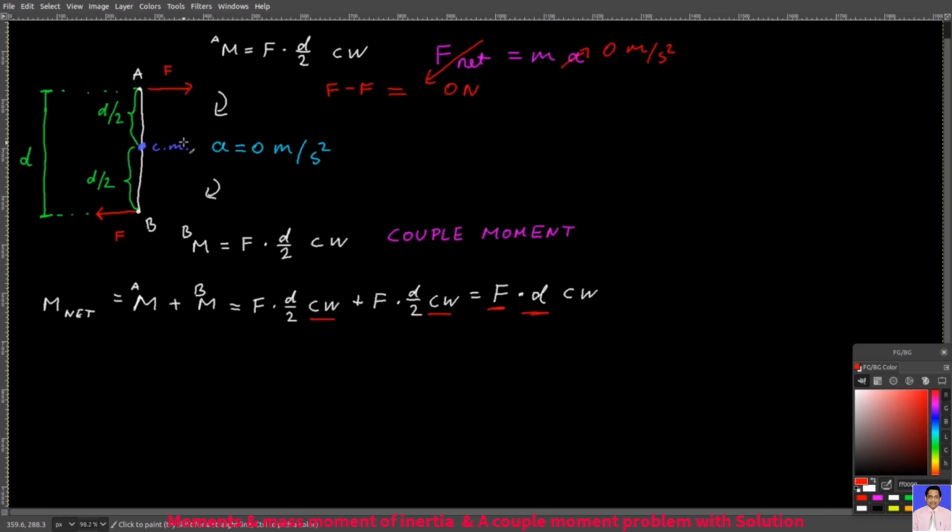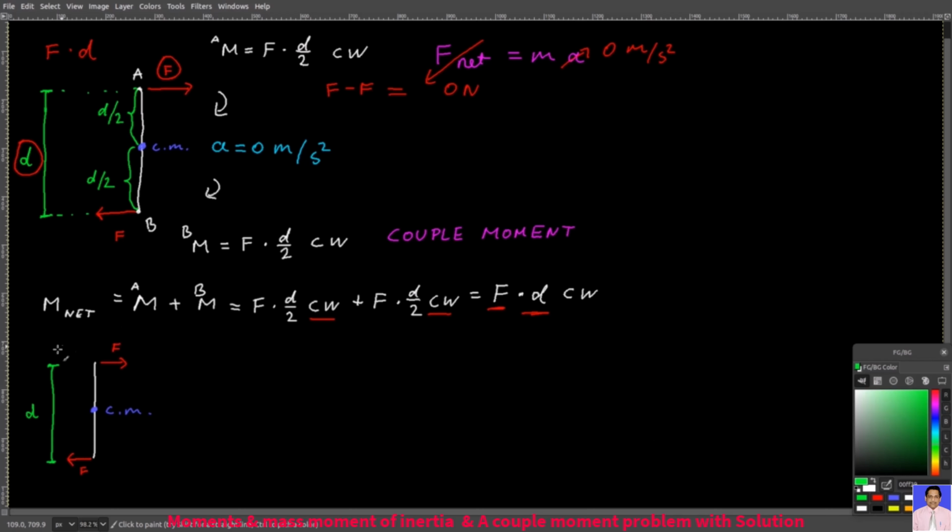So when you have a couple moment, you can simply calculate it like this. Just take one F, take this d, the perpendicular distance between the two forces, and your couple moment will be F times d. That's only valid for the couple moments though.